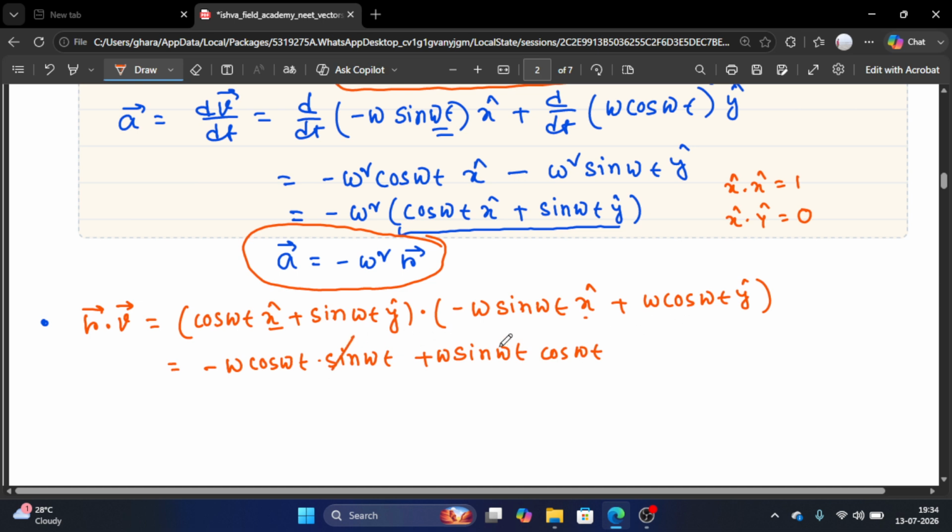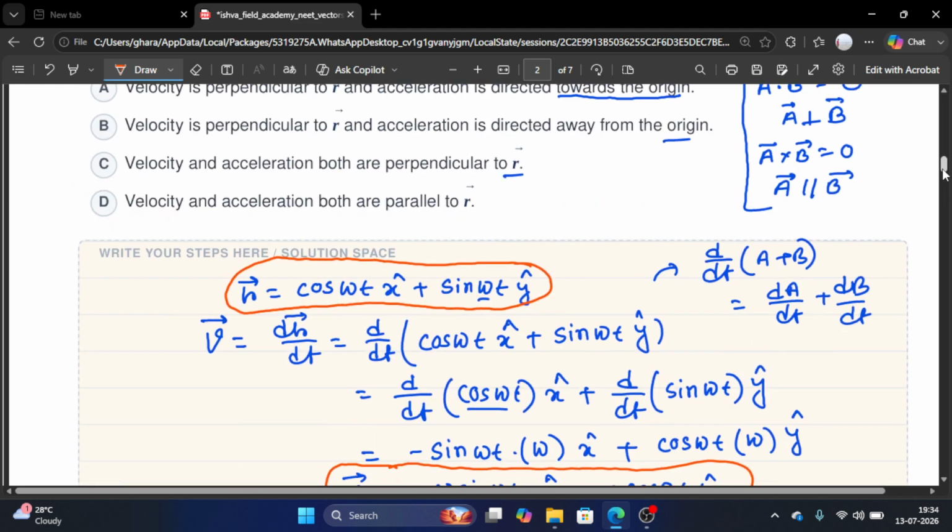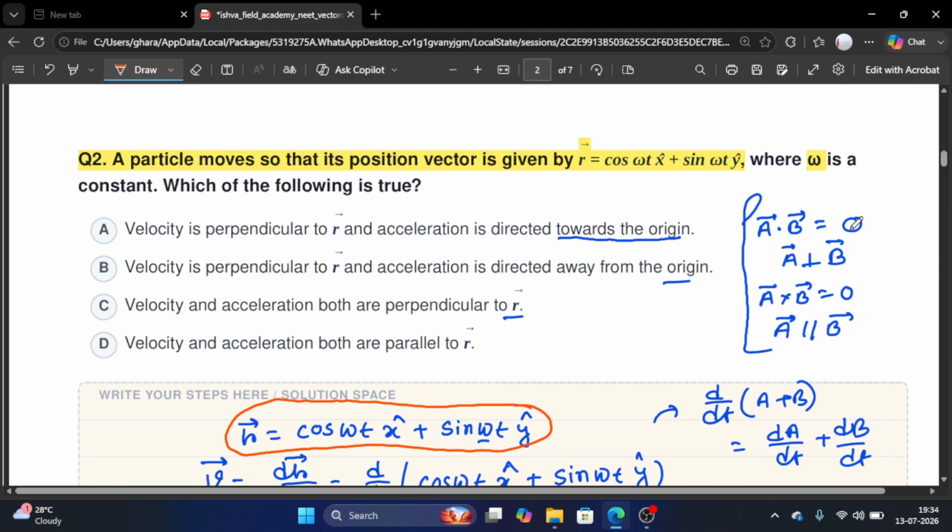These cancel out, so you get 0. According to the definition of the dot product, if you get 0, the vectors are perpendicular. That's why velocity is perpendicular to r.